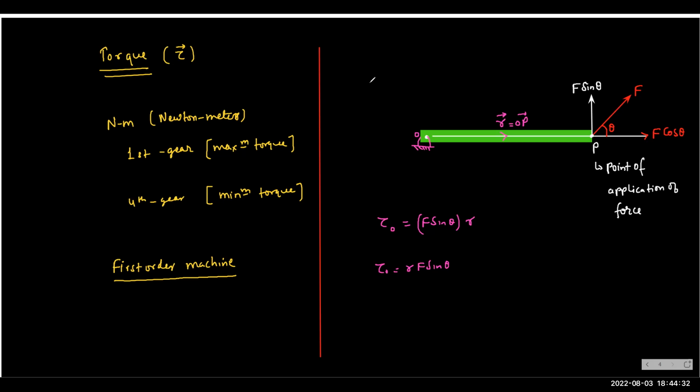This is one way of thinking. The other perspective is what? Don't resolve the force. Keep it the way it is, but extend the line of action. So we have a very interesting term, called the line of action.